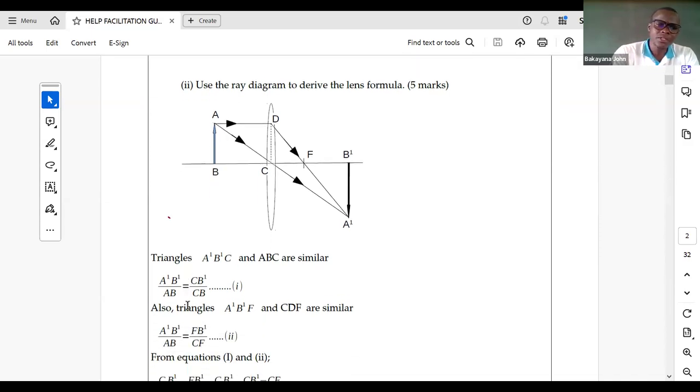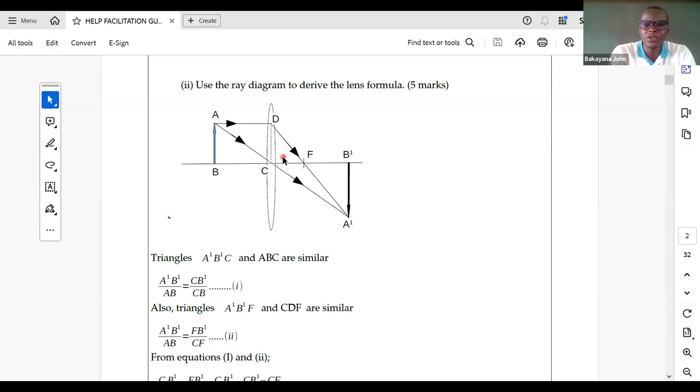So here we shall consider two triangles. We have triangle A'B'C and another triangle ABC. In math, you learned about similar triangles, not so?